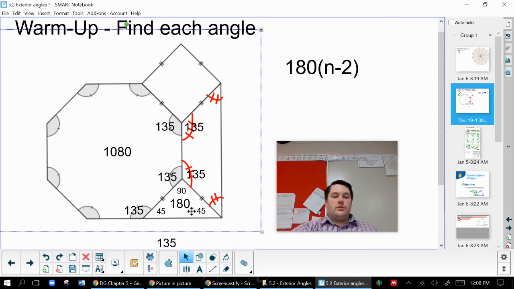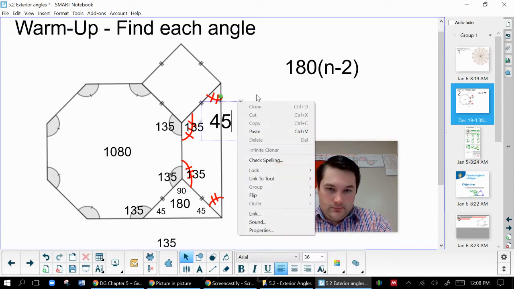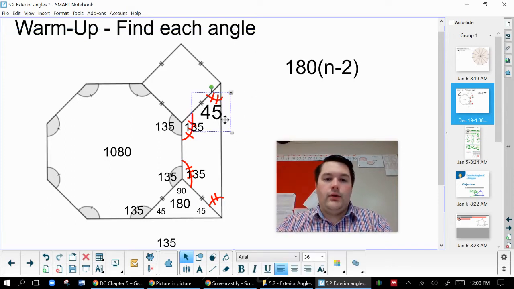Now, if this quadrilateral has angles that add up to 360 degrees, 360 minus 135 minus 135 gives me 90. And since these last 2 angles are equal, that 90 degrees is split equally between them. So we've got 45 and 45.